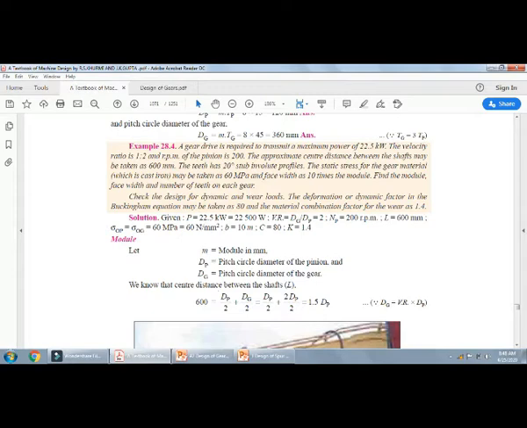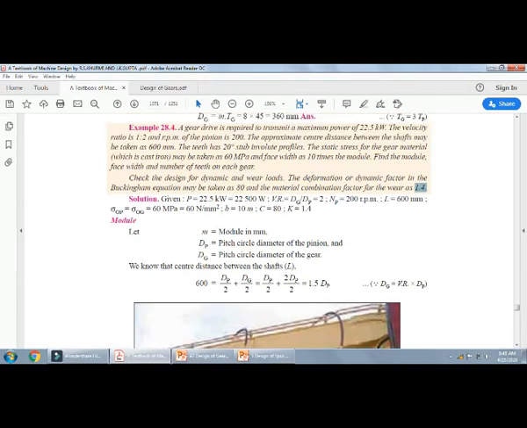The static stress for the gear material, which is cast iron, may be taken as 60 megapascal, and the face width is 10 times the module. Find the module, face width and the number of teeth on each gear, that is pinion as well as gear. Check the design for dynamic wear load. The deformation or dynamic factor for the Buckingham equation may be taken as 80, and the material combination factor for the wear is 1.4.